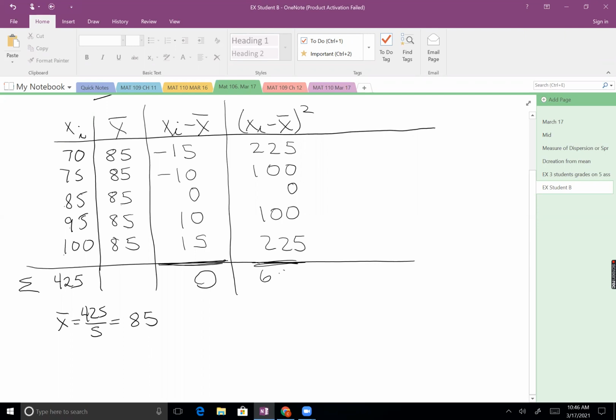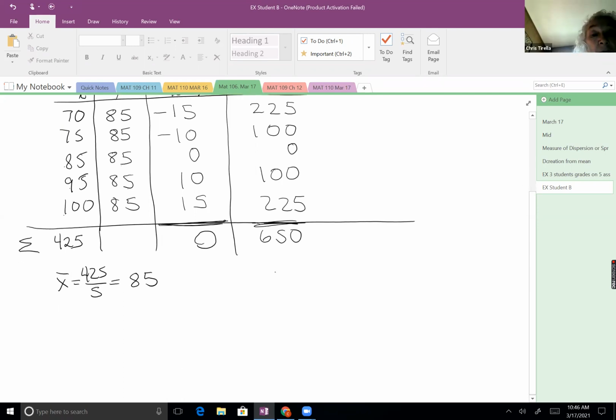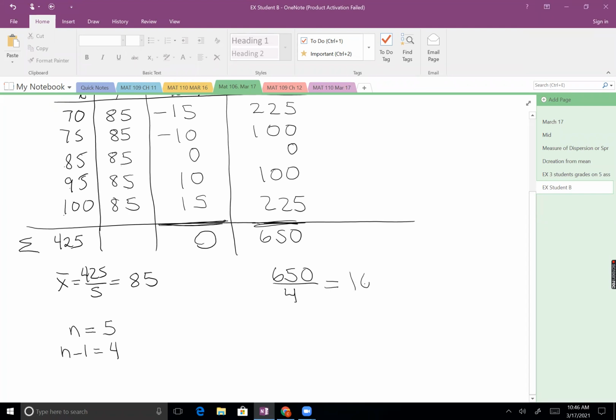650. 650, beautiful. And then what we do is we take that sum, 650, and again, because we divide by 5 to find the mean, we're going to divide by 4, 1 less than the sample size. The sample size was 5, so 1 less than that is 4. When you divide that, what do you get? 162.5.